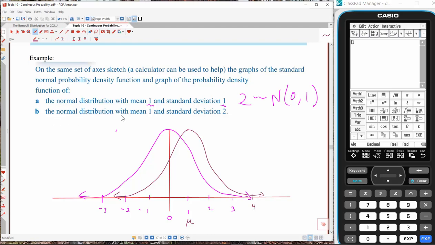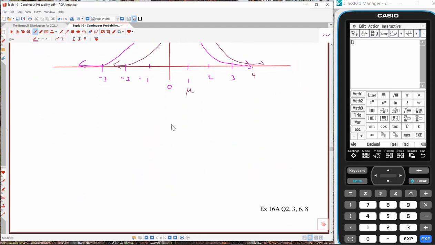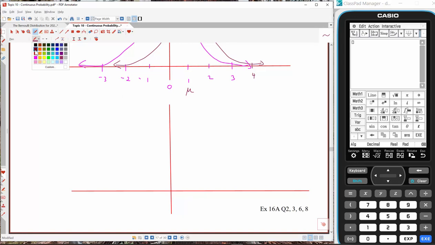The next one says normal distribution with a mean of 1 and a standard deviation of 2. All right, so let's try that one out. So we'll draw up our axes again. So we want the standard. So let's do that first.